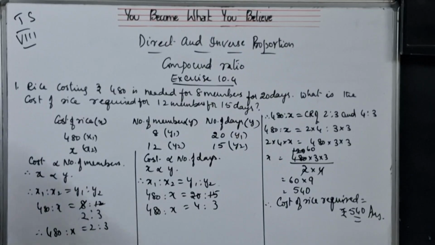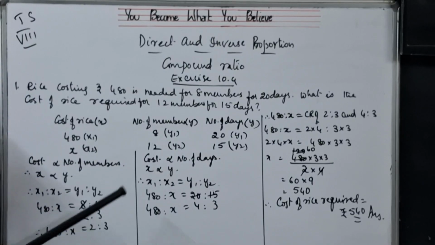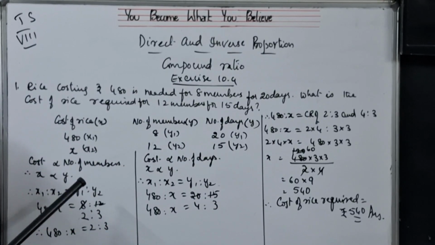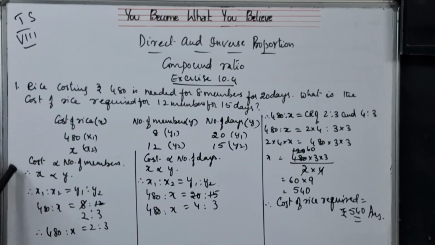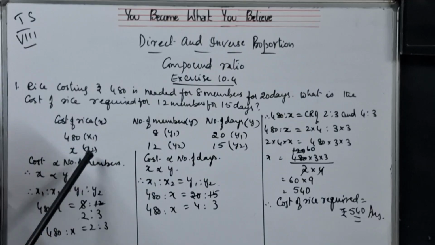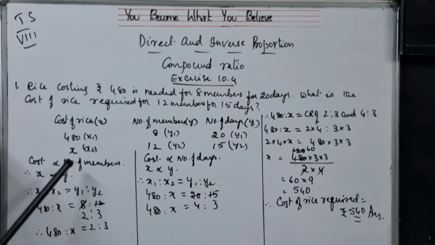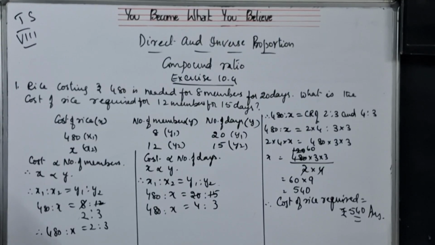So, let us see what this problem is dealing with. Rice costing 480 rupees for 8 members comes for 20 days. Now, for 12 members for 15 days, how much will be the cost of the rice? Now, cost of the rice becomes x because here x is there, here y, here y. Cost of rice is directly proportional to number of members, because if members increase, then the cost of rice also increases, meaning they need to spend more for that rice.